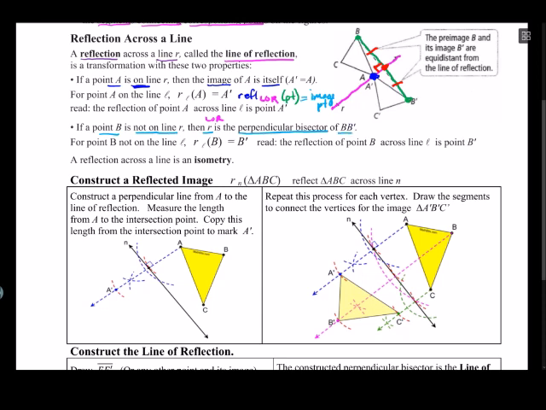And we saw that. So again, our notation, the reflection of B across line L is B prime. Now again, a reflection is an isometry, so corresponding parts, segments and angles are congruent. Distance preserving, angle preserving.